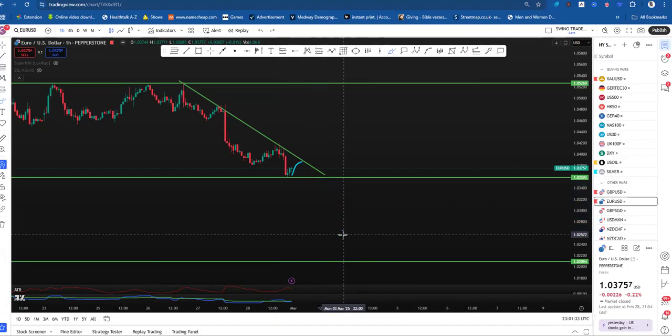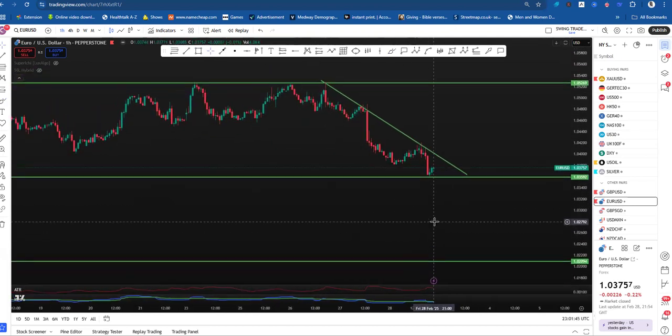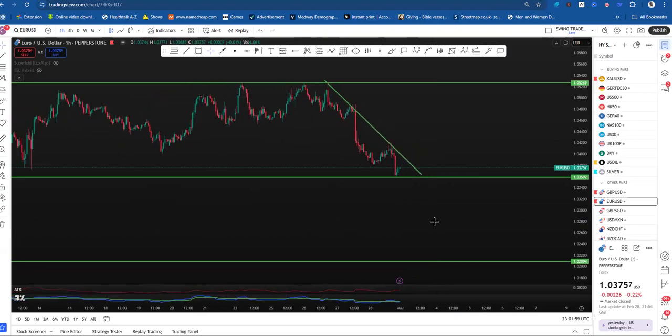So all I want you to do is to mark out these key levels on your chart so that you will be able to watch these areas for price trade. Remember, if price breaks the trend line to the upside, we'll be buying. If price refuses to break the trend line and then crosses below the support level, then we have an opportunity to sell more.